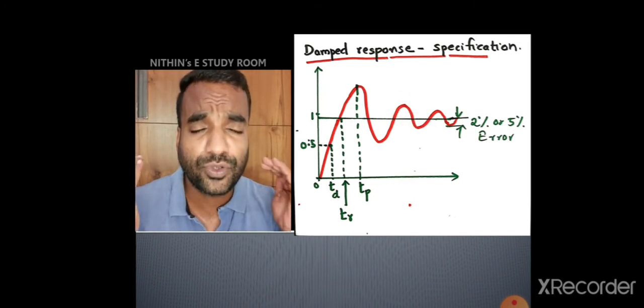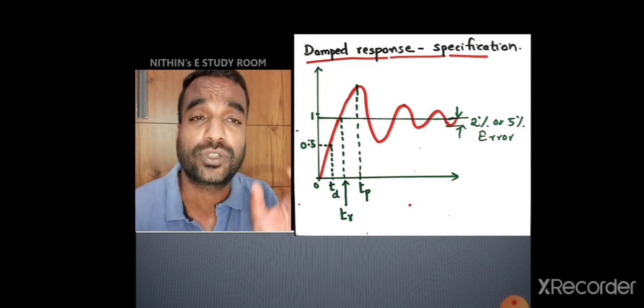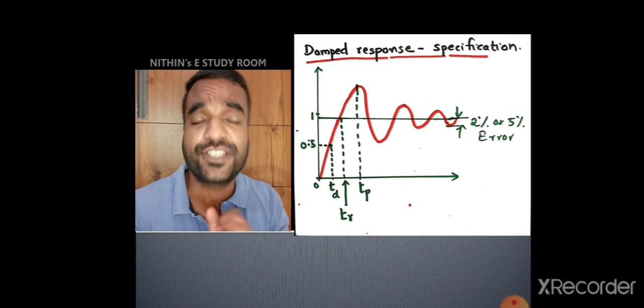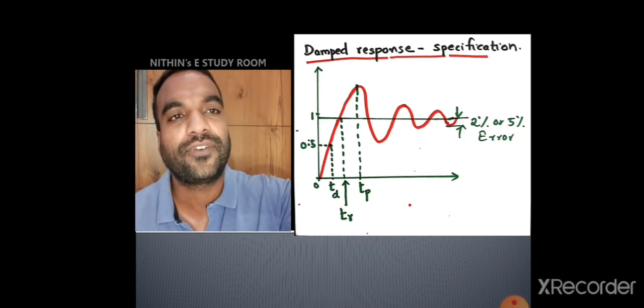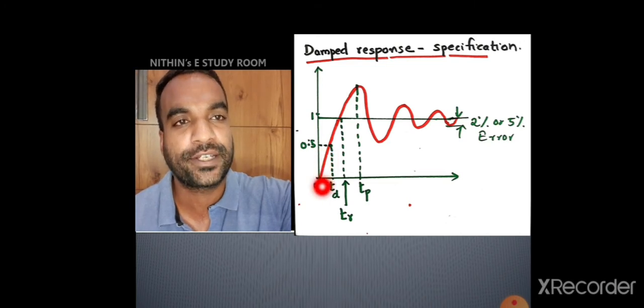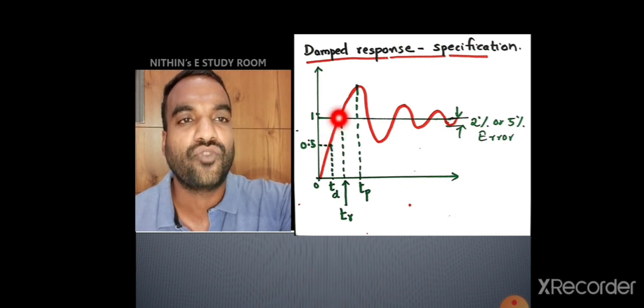But what we have to find is the time that the response or output takes to reach its final value for the first time. So this is the first cycle of oscillation. We observe this oscillation, and this value is increasing and now it reaches 1. This is the 100% value, 0% to 100%.